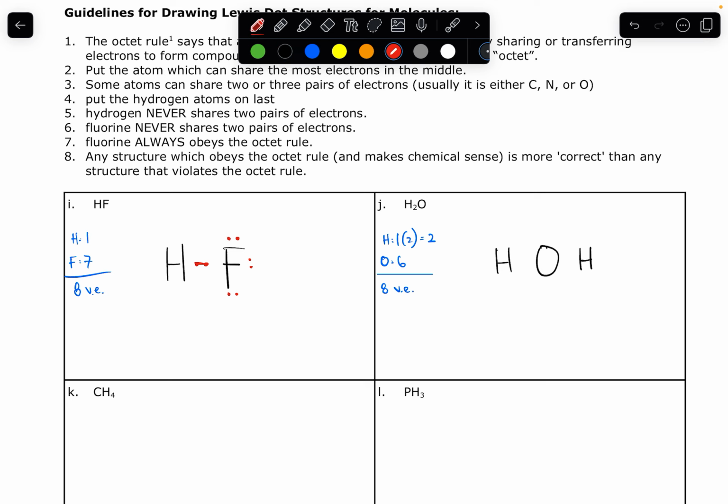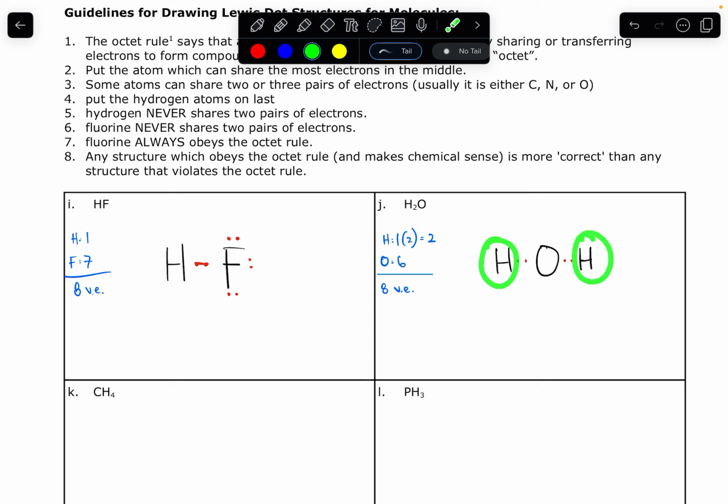Step 3 is to put 2 electrons between the atoms that are bonded, just like that. That uses 4 of our 8 valence electrons. So now we need to complete octets around everybody that wants one.